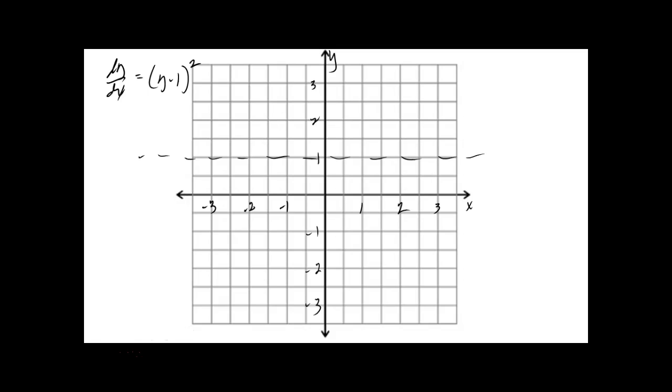Now, we only have 2 regions. We know the function has a 0 slope here, at y is equal to 1. We don't know what it has anywhere else, or do we? How about when y is equal to 0? What would be your slope there? Positive or negative? Positive. So we know it has a positive slope when y is equal to 0. So this is plus down here.